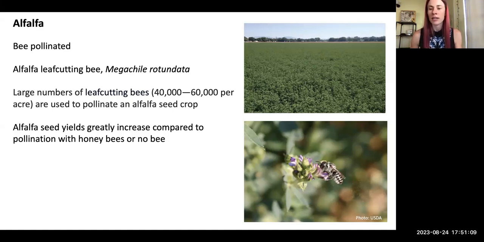So this is a megachilid. There's an image of one right here on the bottom right. Large numbers of these have been used to pollinate an alfalfa seed crop, and it's been shown that alfalfa seed yields greatly increase compared to pollination with honeybees or no bees.